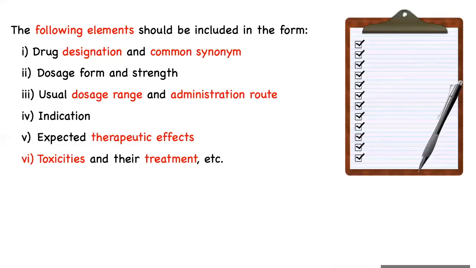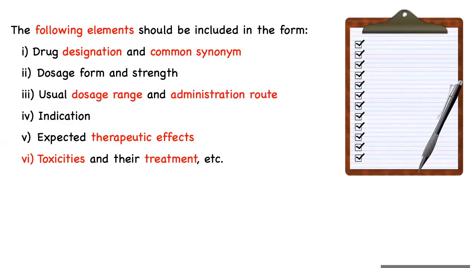So this form also you have to maintain. There is again a specific format to keep all this information related to the drug. When the protocol has been designed, as a part of that protocol, different formats are also designed and they are approved by the institutional review committee or clinical research committee, so that all the information related to the drug can be gathered during the research conducted on the investigational drug.